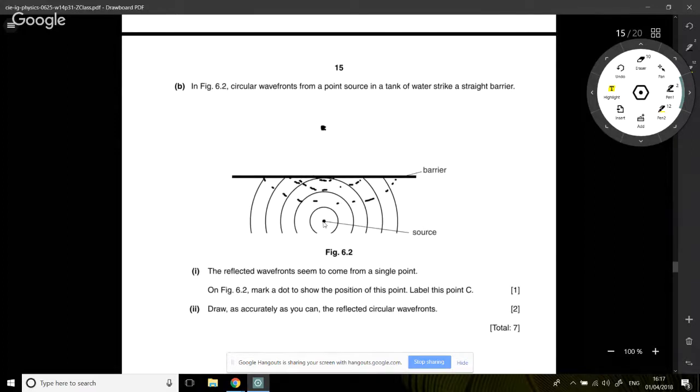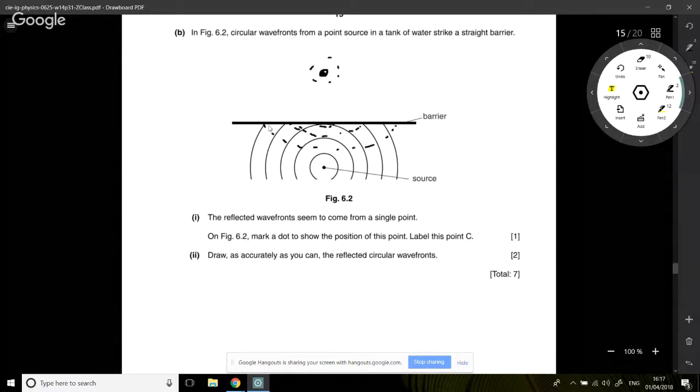Basically it behaves as if there was another source sitting over here emitting the same waves at the same amplitude and frequency from this side, if there's obviously no loss in this barrier. So you could just draw a point on this side, and then show that these, this is a terrible drawing, came round from this side as if they were emitted from this source there.